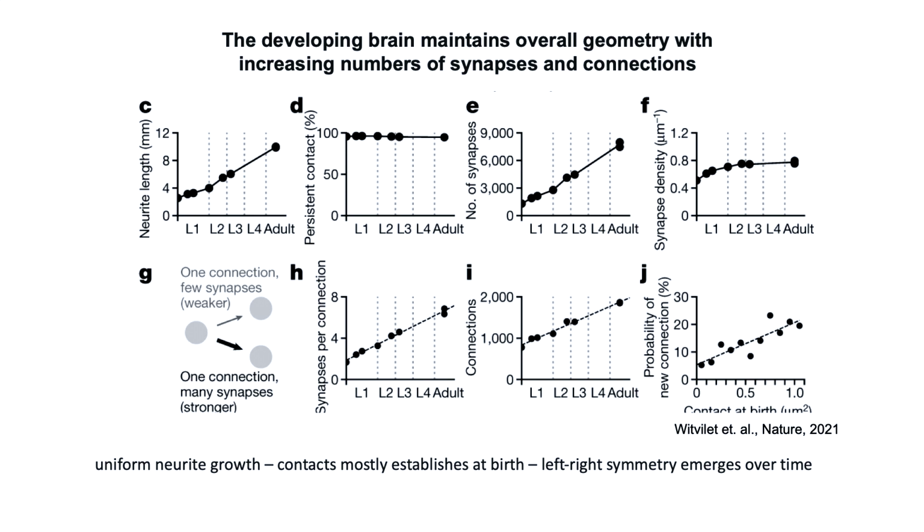If you look at this last part, the probability of new connections increases if you have more contacts. So the more contact the neurons have, the higher the probability of forming connections, which is not a huge surprise.